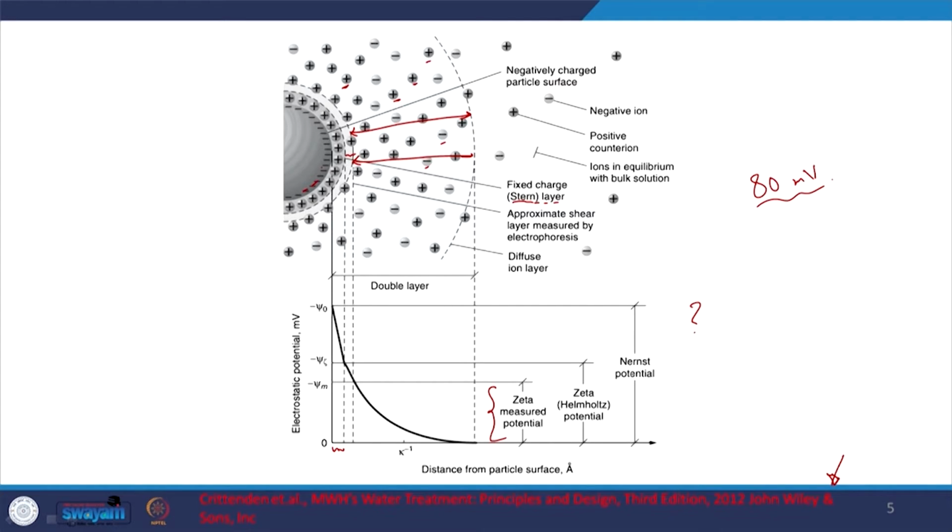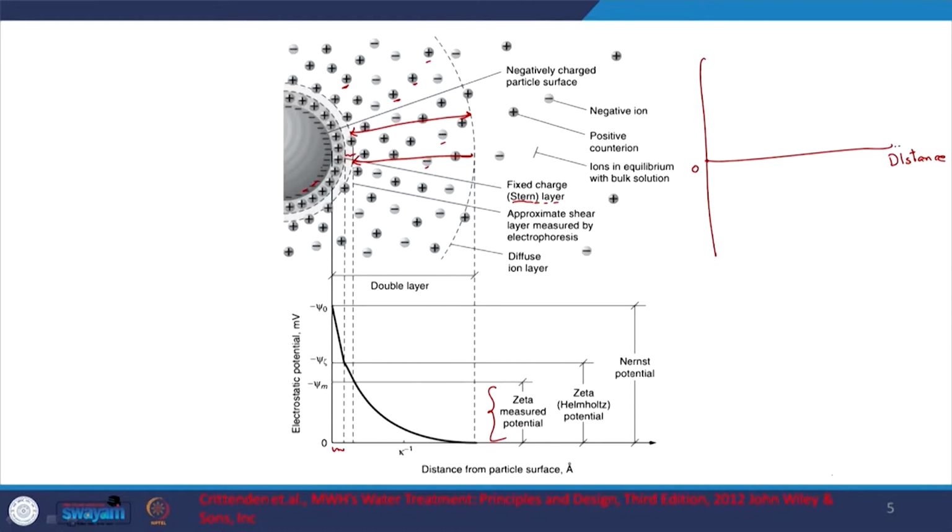For this particular case, let me try to draw it right here. What happens when two particles try to come near each other? Let's say this x-axis is the distance, and my negatively charged particle is here. Let's say this is zero distance.